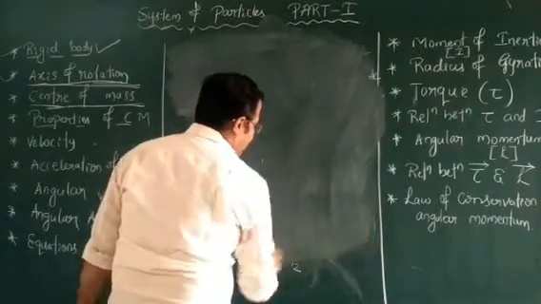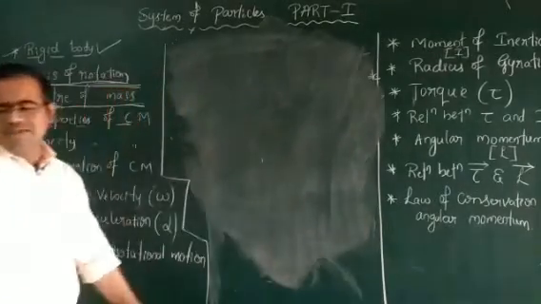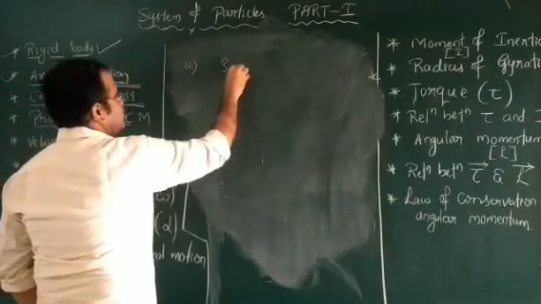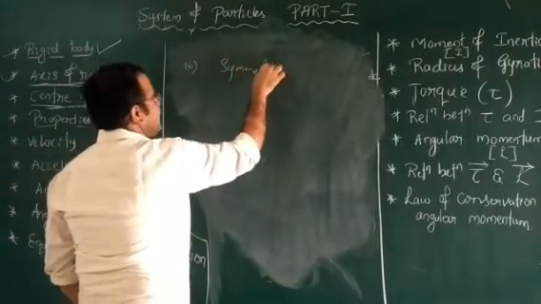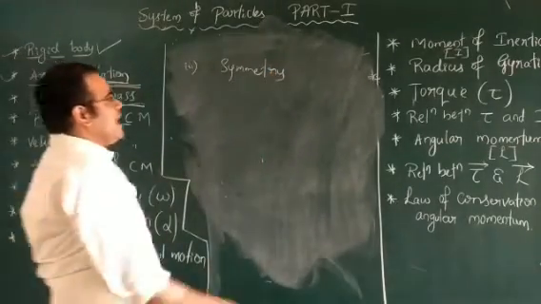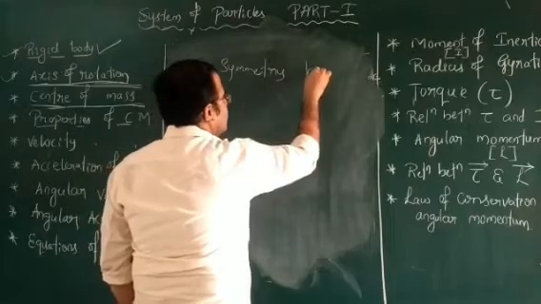Next, the fifth property. Here we are going to observe symmetrical distribution: whenever we have a symmetry about the rigid body, and the distribution is homogeneous.